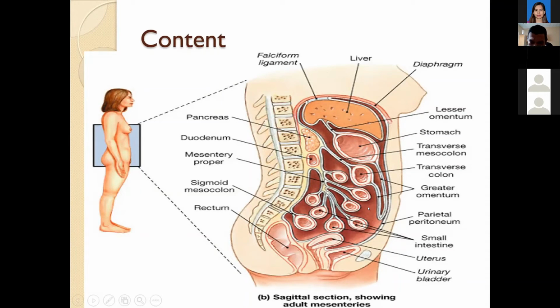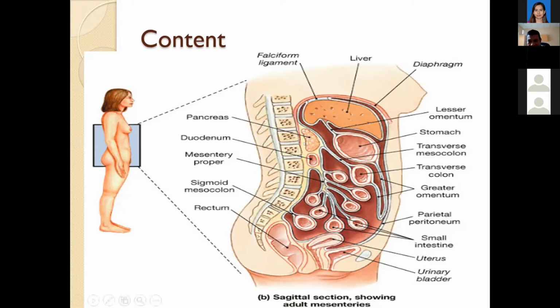Where is the greater sac? Later on, when you manage a patient with pancreatic disease and other diseases related to this compartment, sometimes post-operatively the patient will have a paracolic or retrocolic collection secondary to infection, or a collection from primary peritonitis. So you must know where it is located.